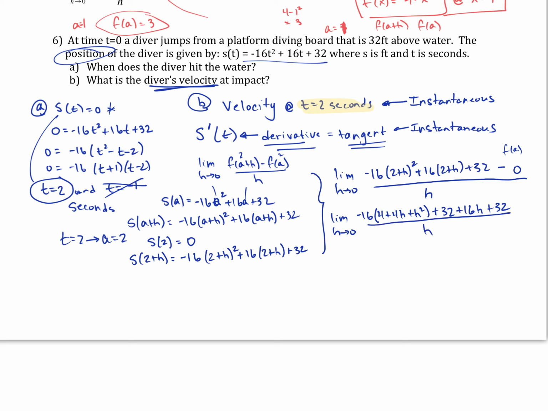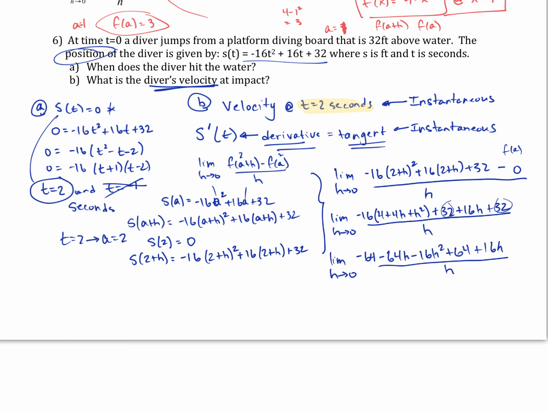And then I could distribute this 16, the limit as h goes to 0. When I distribute, I get negative 16 times 4, so that'll be negative 64, minus 64h minus 16h squared, plus, I can combine these, 64 plus 16h, all over h.